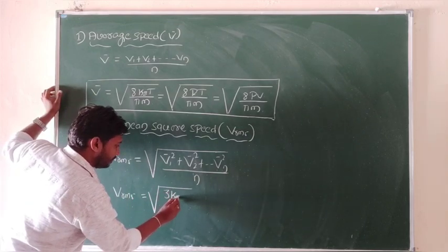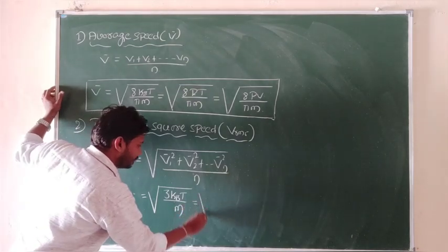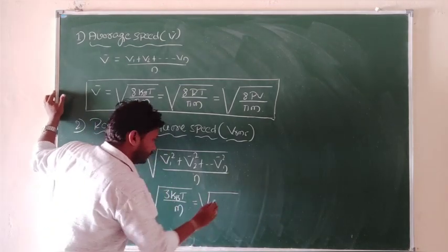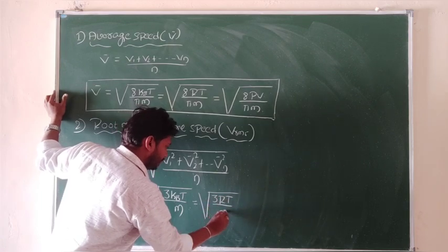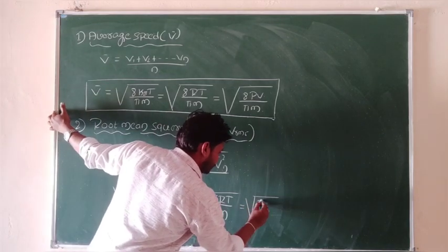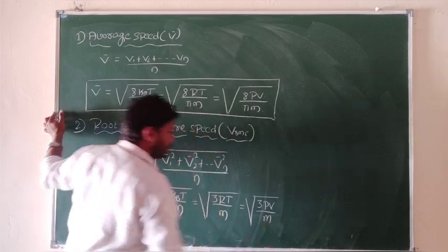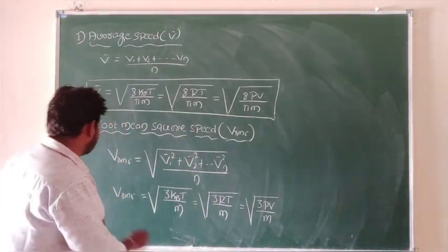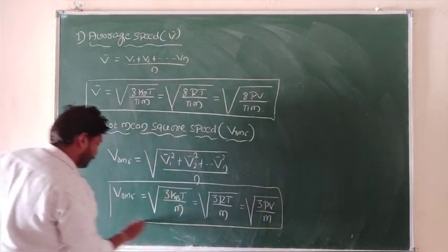3 times kB into T divided by m, which is equal to 3 times R into T divided by m, which is equal to 3 times P into V divided by m, we shall consider. So this is about root mean square speed.